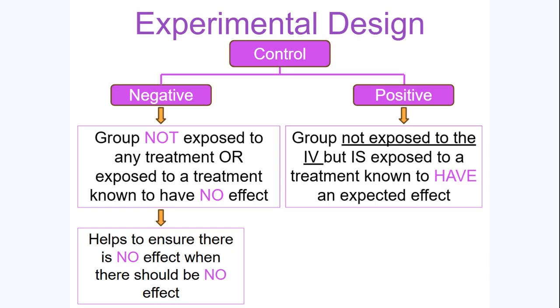Positive control: a group not exposed to the independent variable, but is exposed to a treatment known to have an expected effect. So here, a positive control, if I'm thinking about a bacteria, if I want to know if a bacteria is resistant to or susceptible to a new antibiotic on the market, right? I'm working in pharmaceuticals.